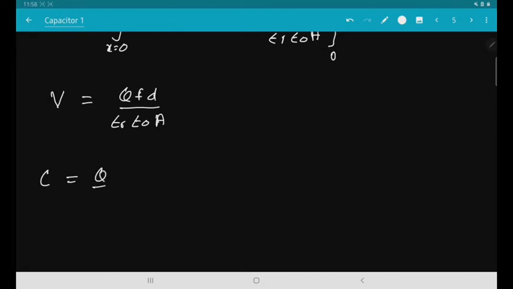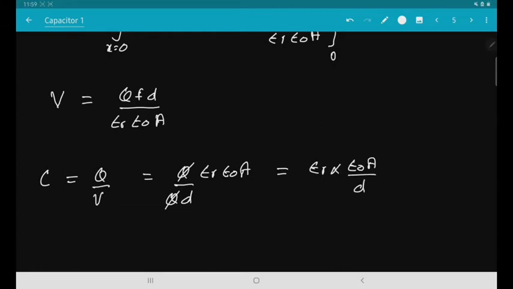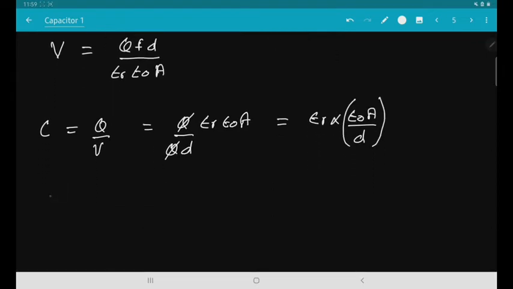So now we can easily find the capacitance. Capacitance will be Q divided by V. Q divided by V, we have Q d divided by epsilon naught epsilon r into A. So we can cancel this Q. Let me write this as epsilon r epsilon naught A divided by d. This epsilon naught A divided by d, as you remember, is the equation for capacitance in the absence of the dielectric, that means vacuum is present between the plates.